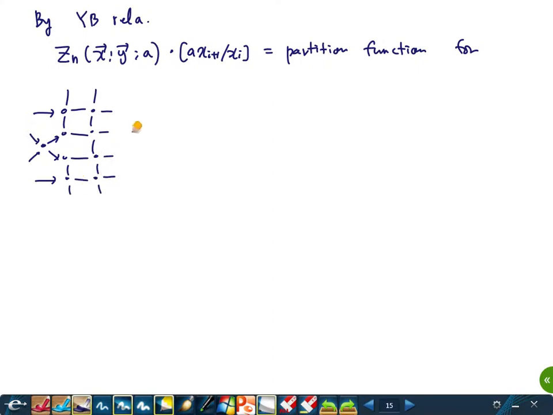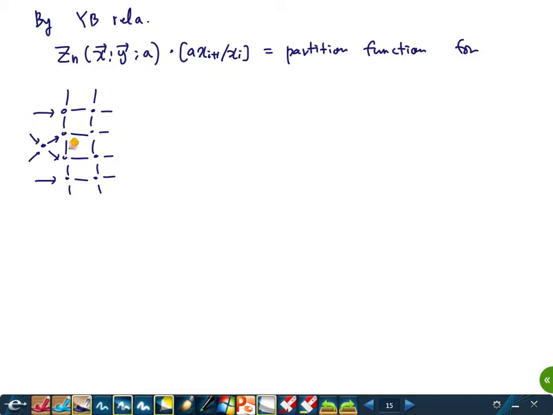But the weight of this is always fixed like this, because we have two incoming edges, so we must have two outgoing edges. So this configuration for this vertex is fixed. Except for this vertex, if you just ignore it, this is exactly the same as this partition function. So the partition function of this situation will be this times this.